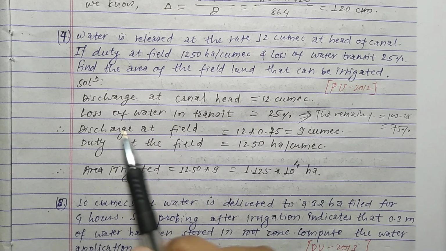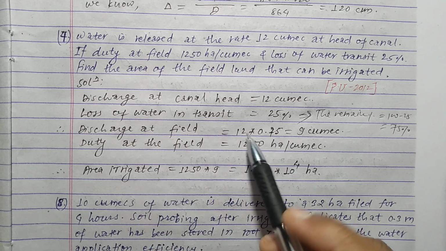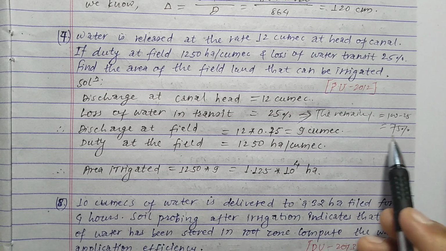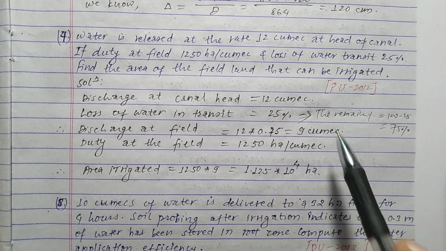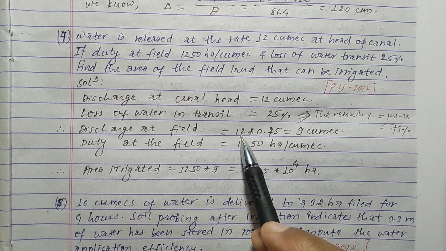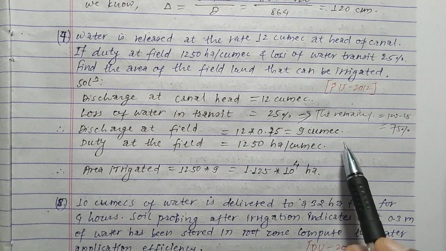Now we have to calculate the discharge at the field. Simply, discharge at field is 75% of the total discharge. 75% means 0.75 and the total discharge is 12. After calculating this value we get a discharge at the field of 9 cubic.